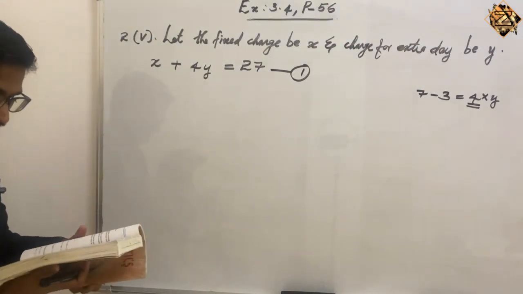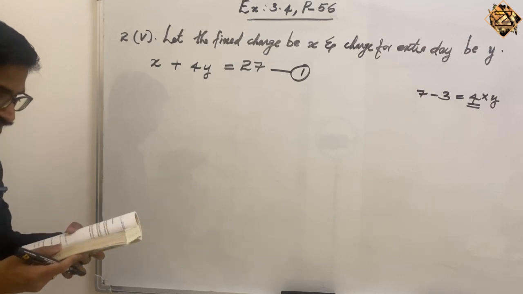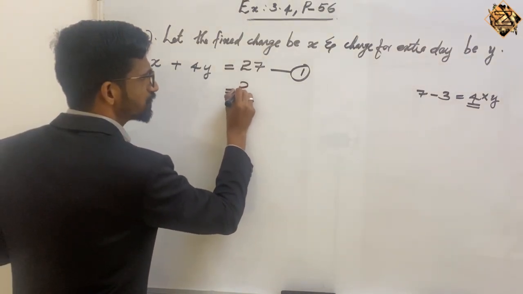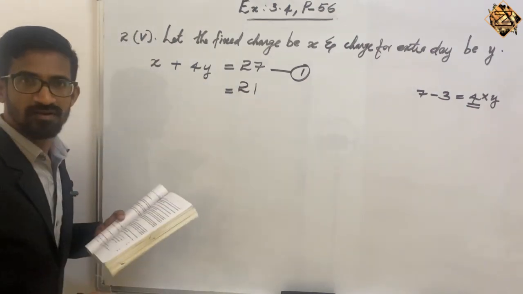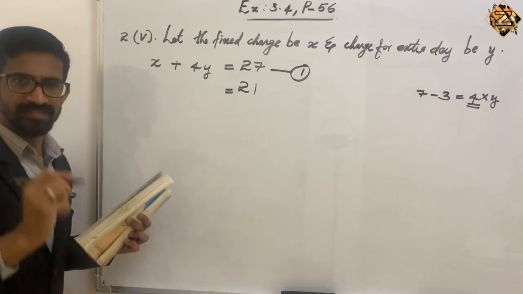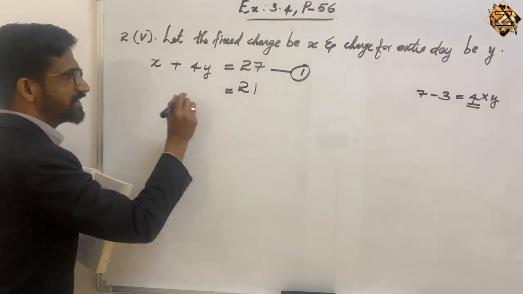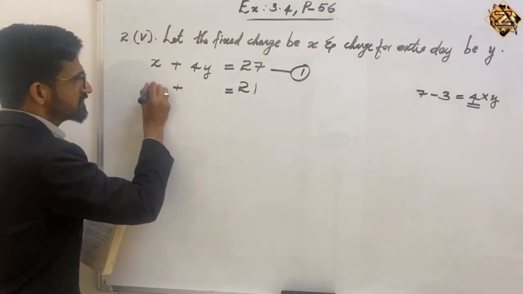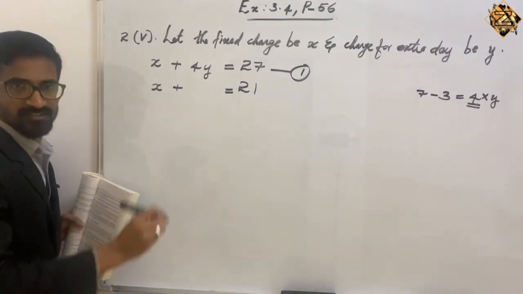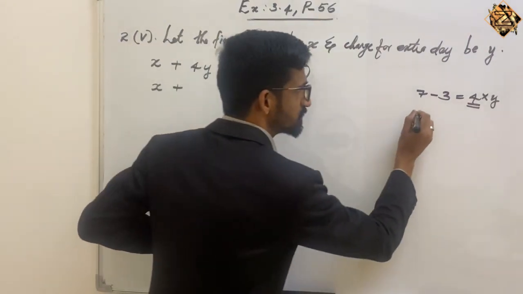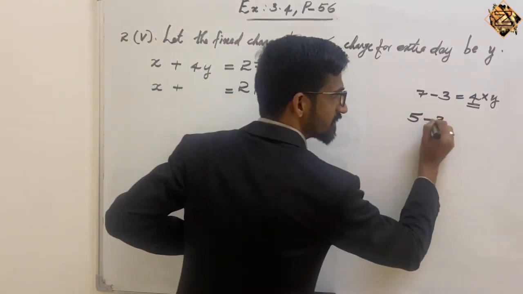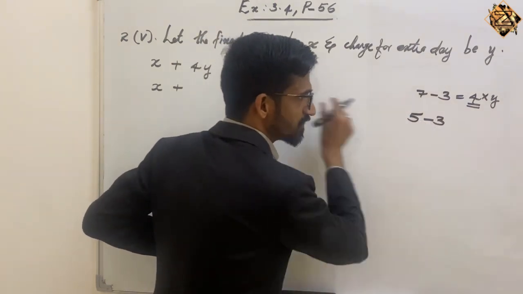Now when we look at the second statement, Susie paid rupees 21 for the book she kept for 5 days. Out of the 5 days, the first 3 days are a fixed charge, isn't it? So 3 days we already taken.